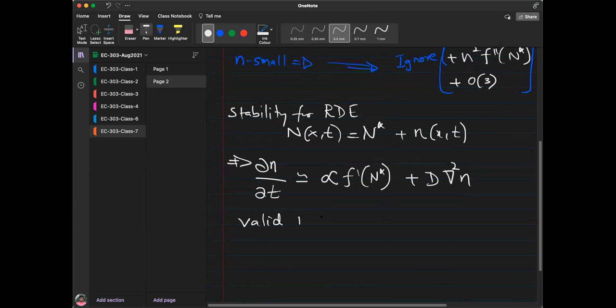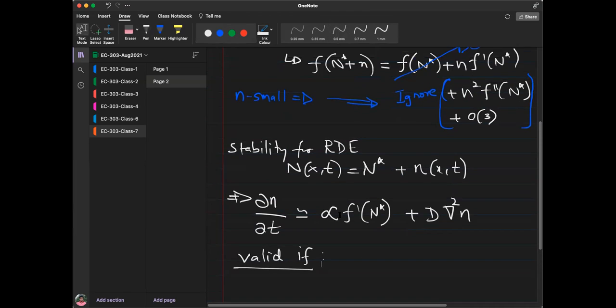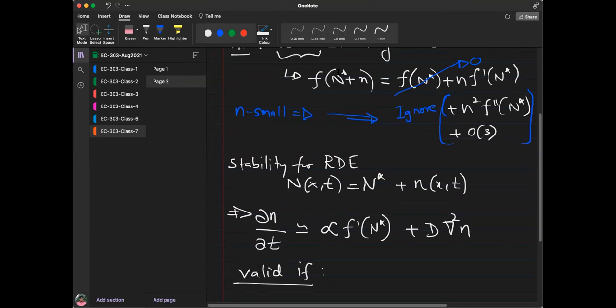Again under the same conditions. To arrive at this, we do the exact same Taylor series expansion of f. I'm sorry, I missed the term n here, also n here. So it is valid if we can ignore n squared, which now depends on x and t, times f double prime of n star, plus other terms, if these can be ignored.